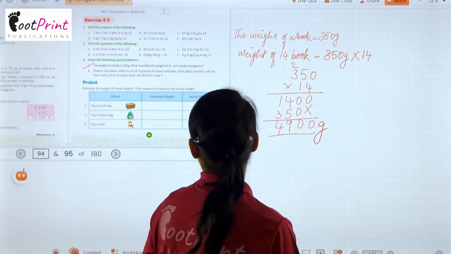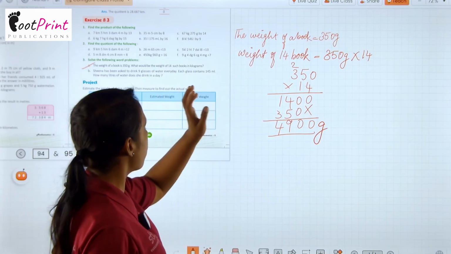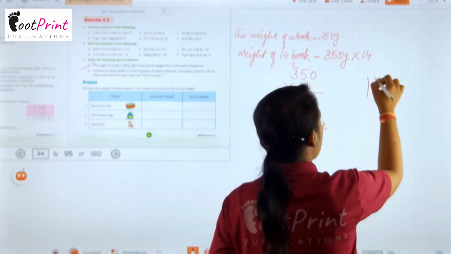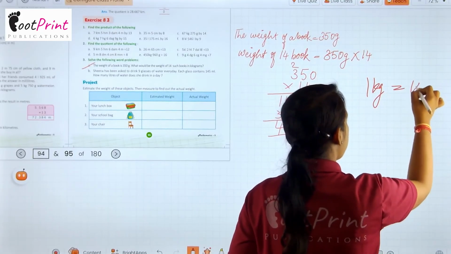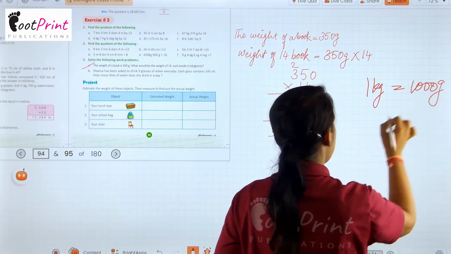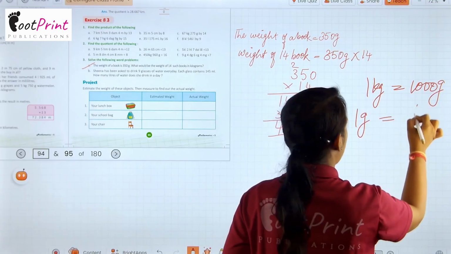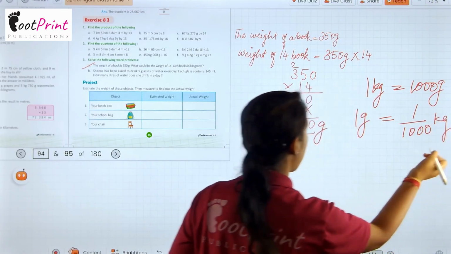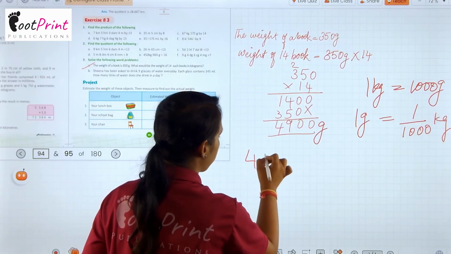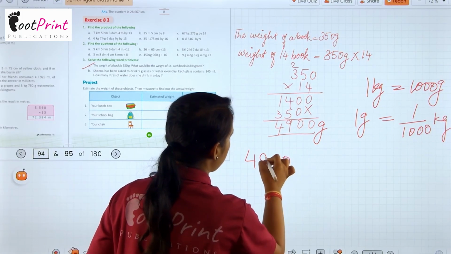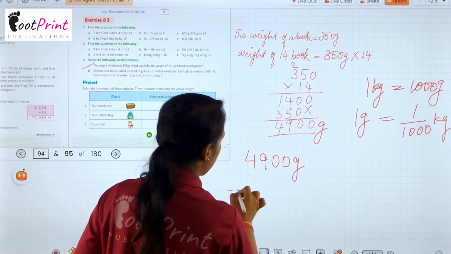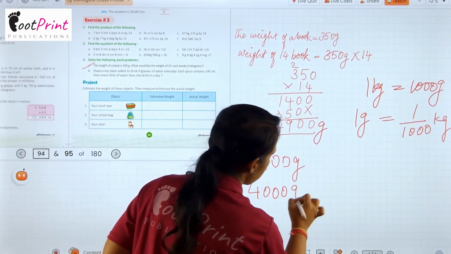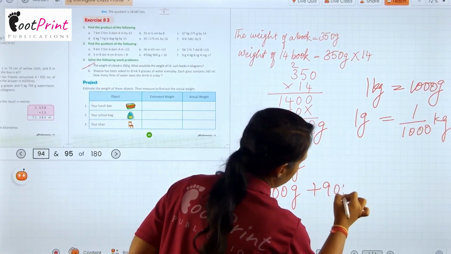And now in the question it is given that we have to convert it into kilogram. And we know that 1 kilogram equals 1000 gram. It means 1 gram equals 1 upon 1000 kilogram. So we will divide it by 1000. So what do we get? 4900 gram is 4000 gram plus 900 gram.